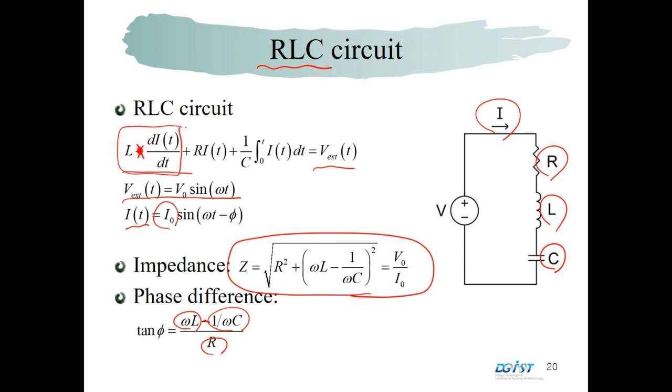This is the voltage drop because of the inductor, and the voltage drop because of the resistance, and the voltage drop across the capacitance. So all this voltage drop should be the same as the applied voltage.